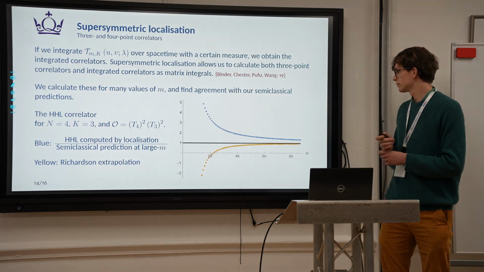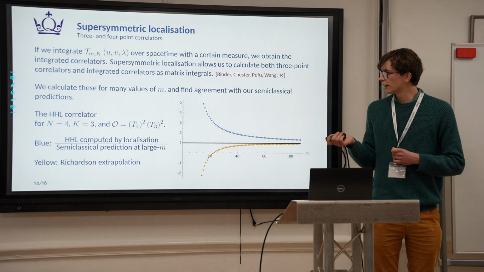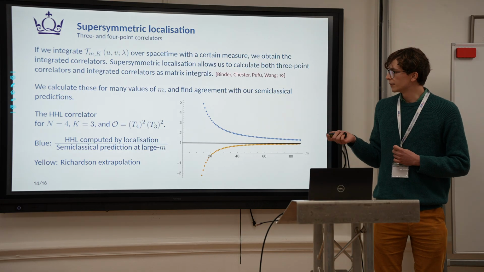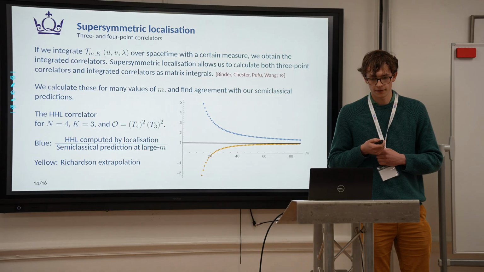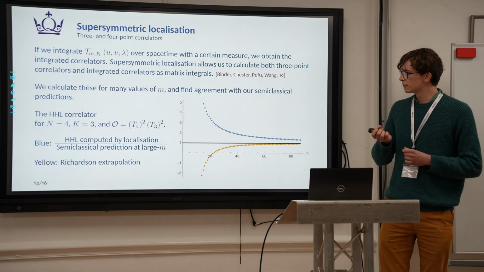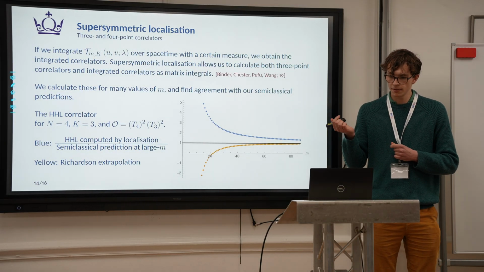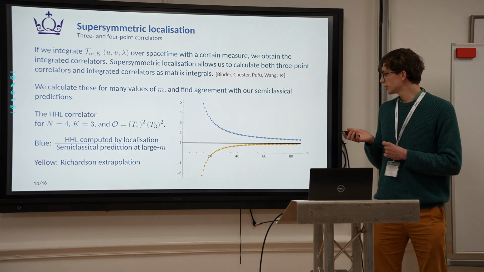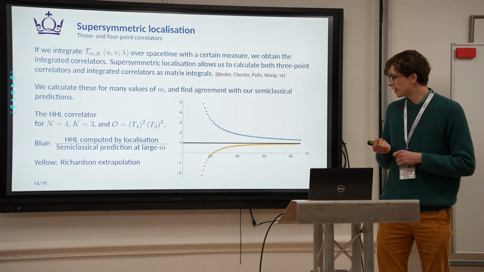Here I've got just one example of a 3-point correlator, and we choose n equals 4, k equals 3, and this light operator here. The blue is the ratio between our localization calculations and the prediction at large n, which is tending towards 1, but fairly slowly.